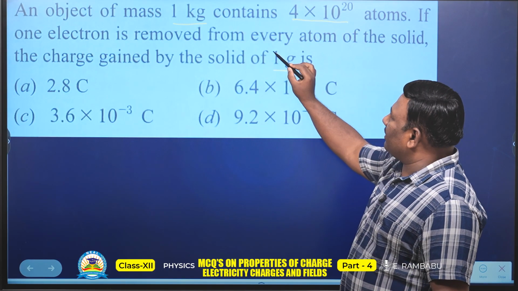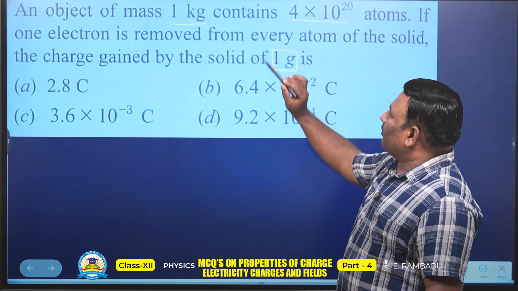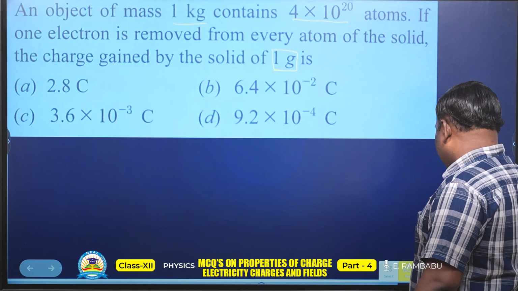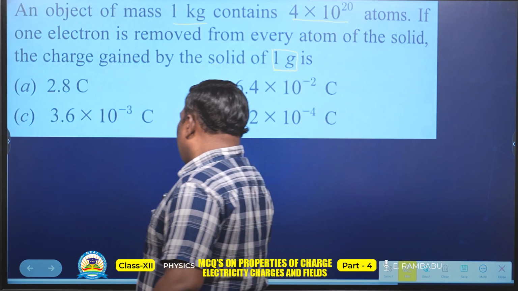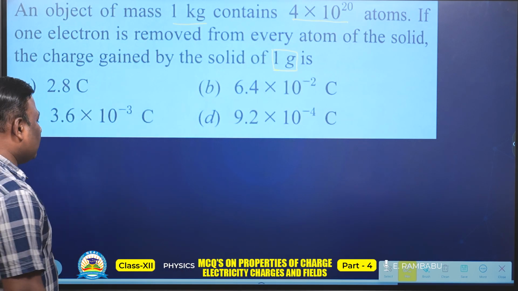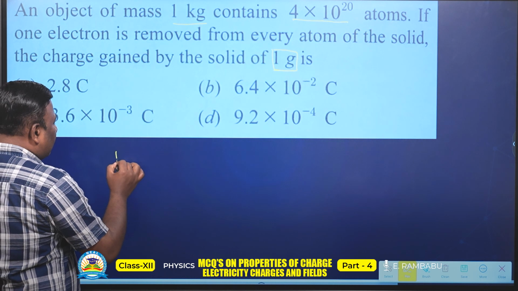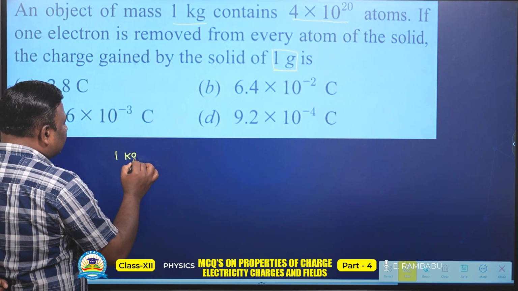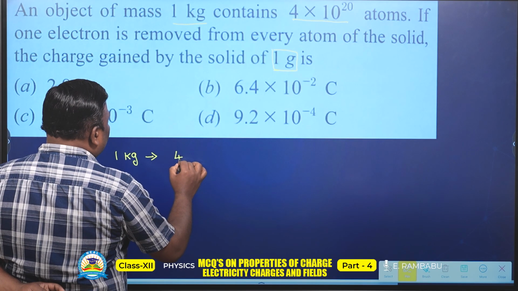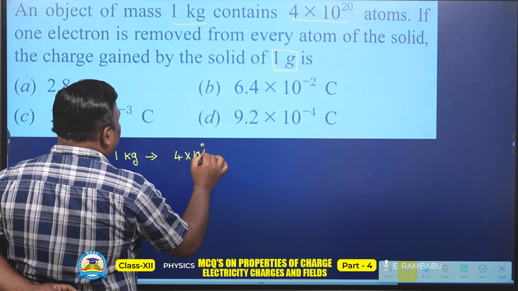But in the question, we need to find the charge gained by the solid of 1 gram only. So first we have to identify how many atoms are present in 1 gram. 1 kg of substance has 4 into 10 to the power 20 atoms.